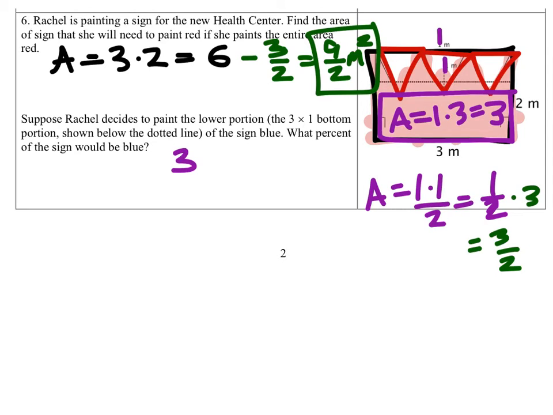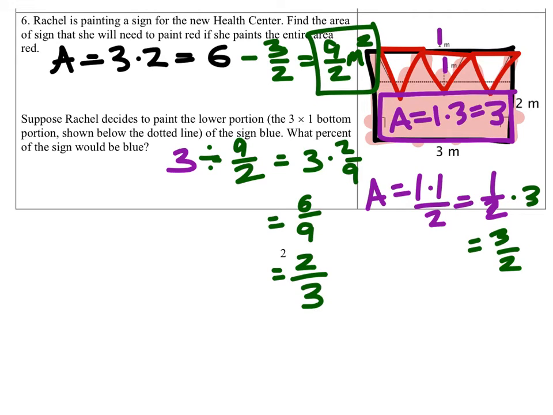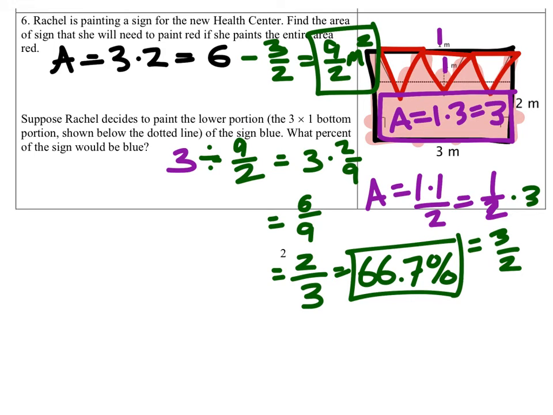Well, we're painting 3 of it, and the whole area is 9/2, so we're going to divide 3 by 9/2, which would end up being 3 times 2/9, which is 6/9, which simplifies into 2/3. As a percent, that would be 66.7% of it would be this purplish color.